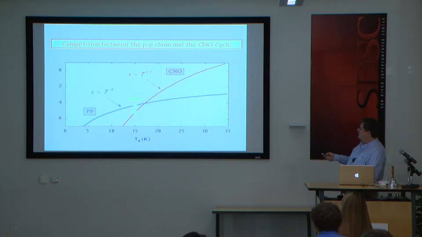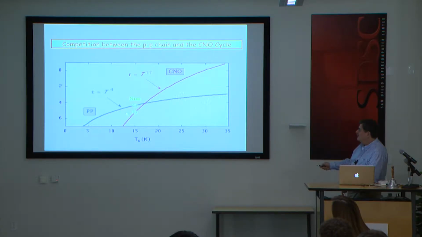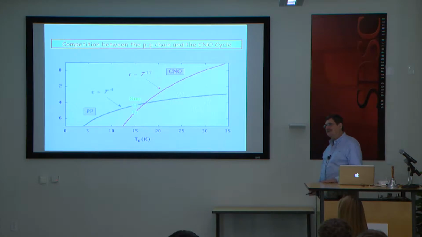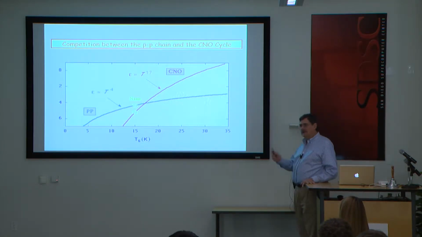This is basically the dominance of the PP chain versus the CNO chain. Our sun is a relatively cool star, so it's dominated by the PP cycle, but not completely devoid of the CNO cycle. Now, a question to you guys.